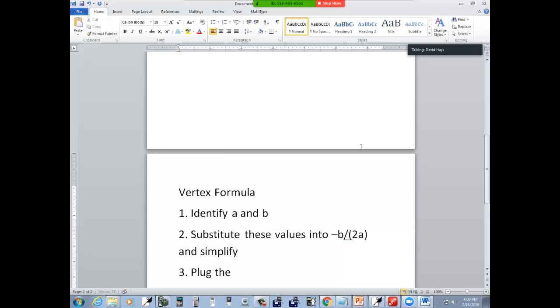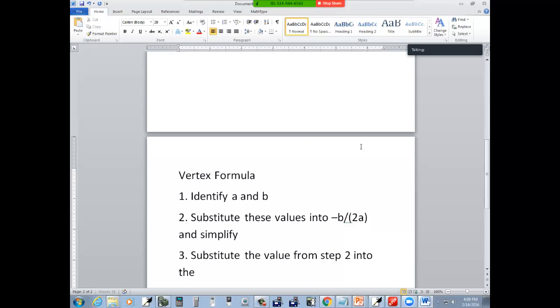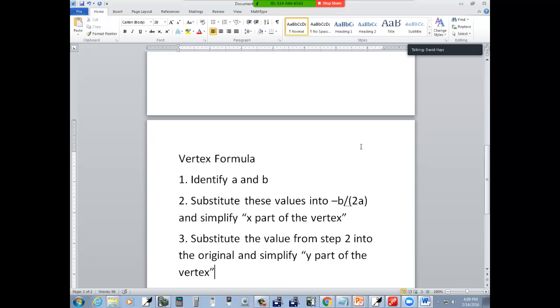Then substitute the value from step 2 into the original function and simplify. Now this value here in step 2 is the x part of the vertex. And this part is the y part of the vertex.